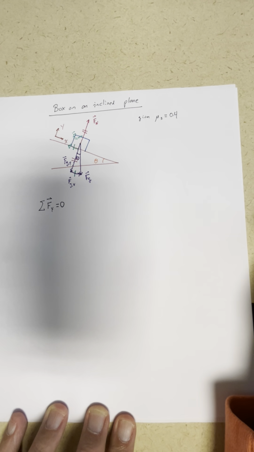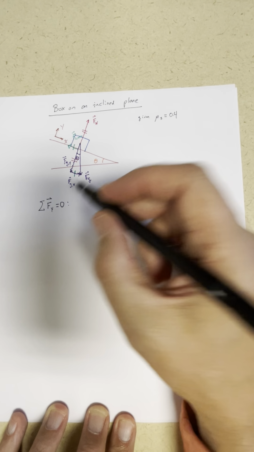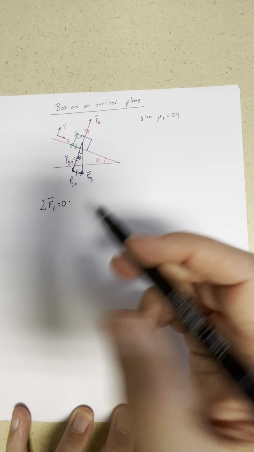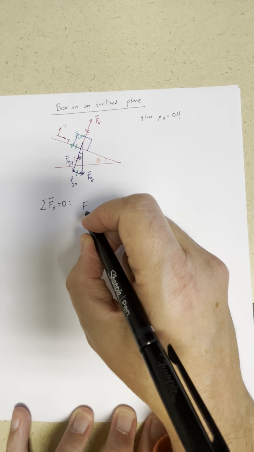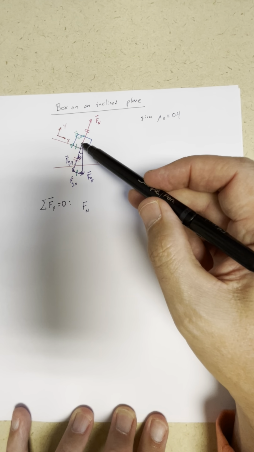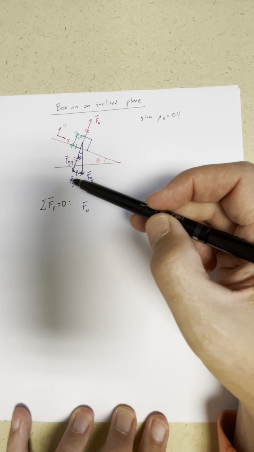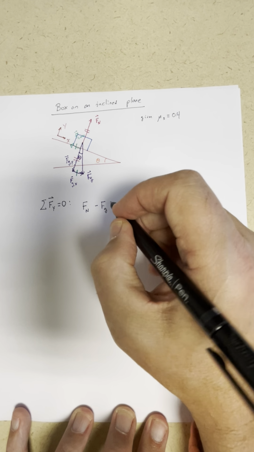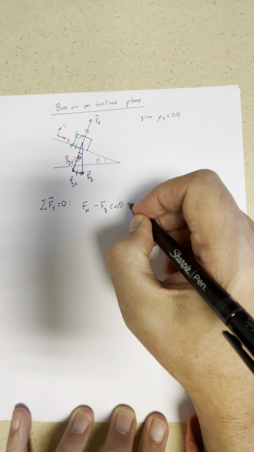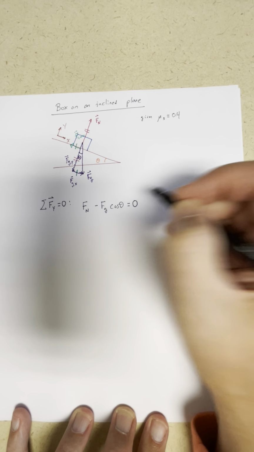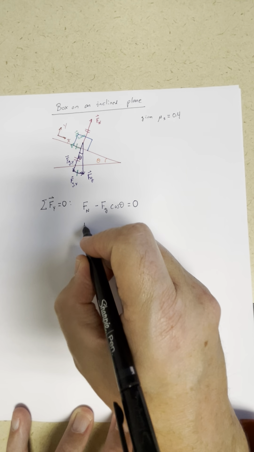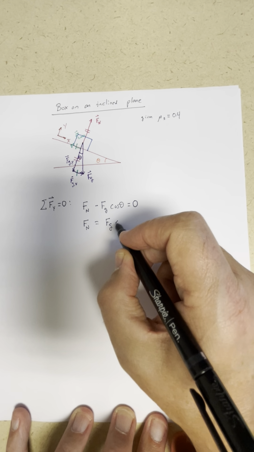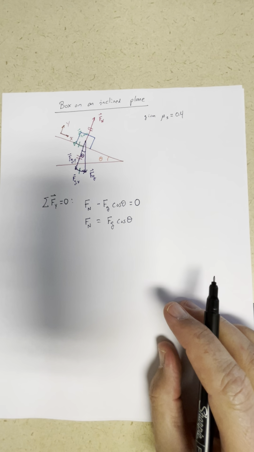So Newton's first law tells me that the normal force, which is pointed up, and this component of the weight, which is pointed down, which is minus F_g cosine of theta, is going to equal 0. And that tells me how big the normal force is. The normal force is the weight of the box times cosine of theta.